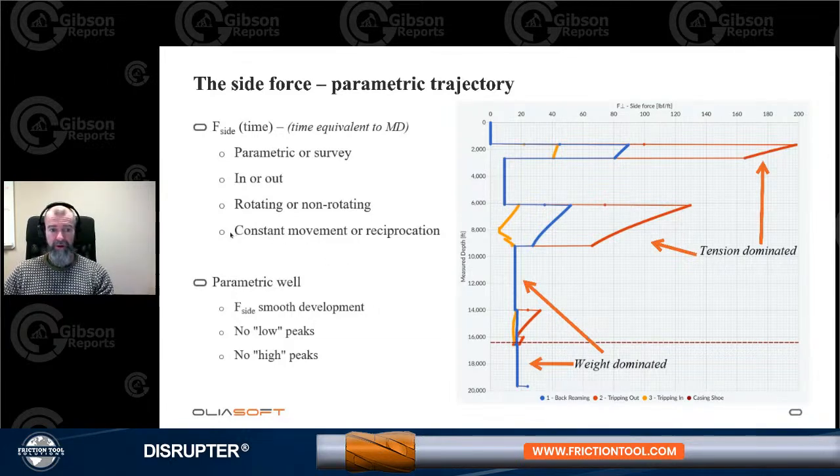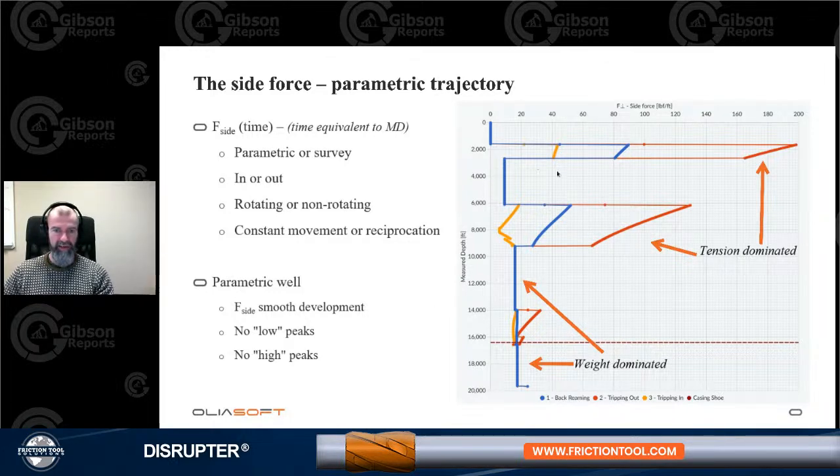One other thing to keep in mind is that since it is a function of time, if you're just moving down with a constant velocity, you can perhaps predict the side forces a little bit more easily. But if you're trying to clean the hole because you realize that you're starting to get the cuttings bad, and you're reciprocating back and forth and pumping, and you're standing there for several hours, this will change the side forces.